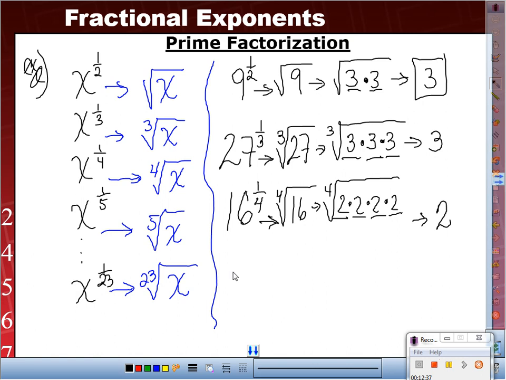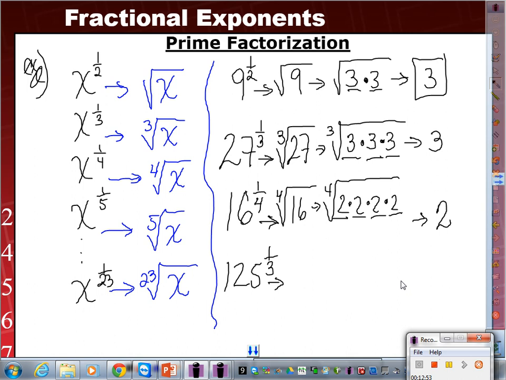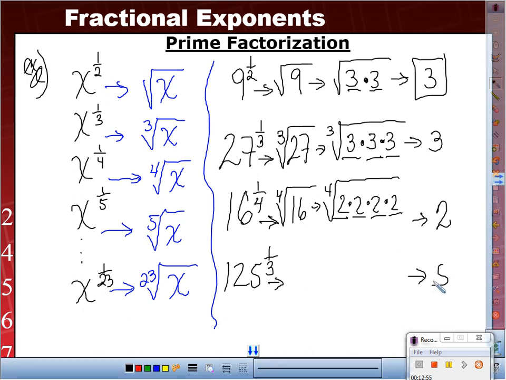Okay. Try this next one. 125 to the 1/3. Go. 20 seconds. That is correct. 5. This becomes cube root of 125, which says cube root of what times what times what. 5 times 5 is 25, times 5 is 125, so the answer is 5.